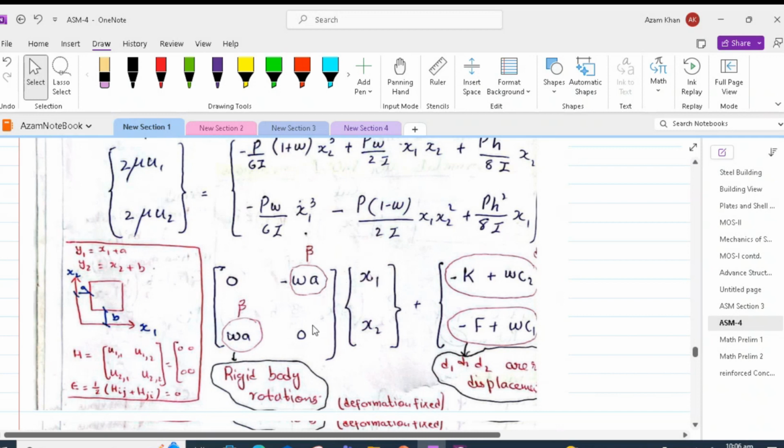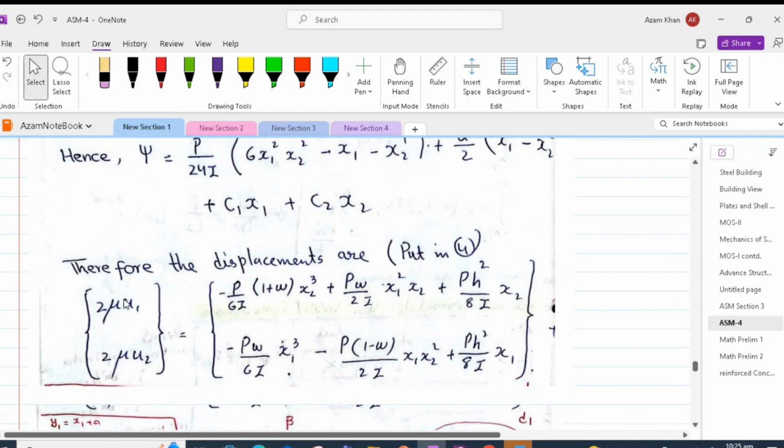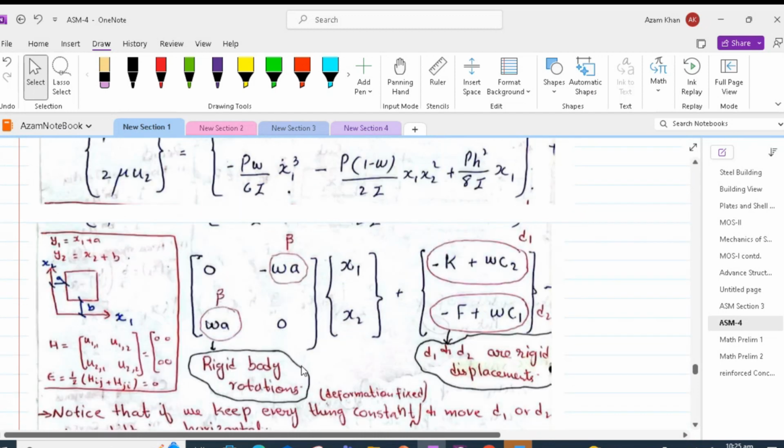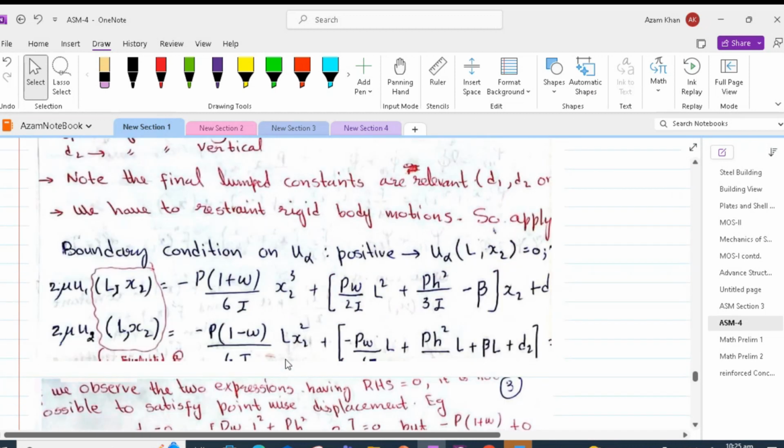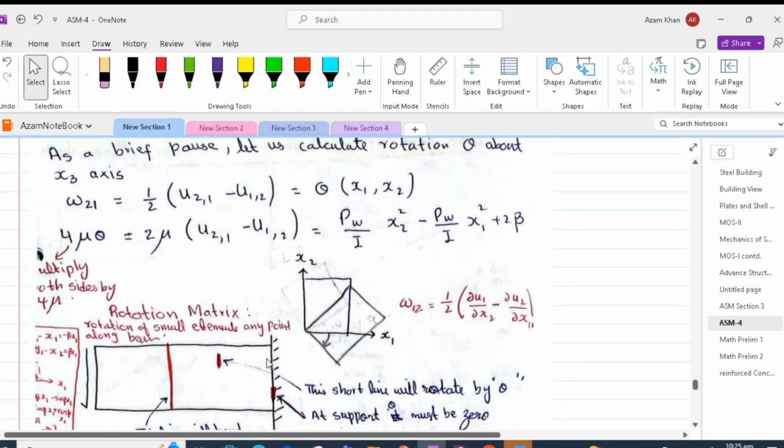So the way to see whether something has a rigid body rotation or not is that it is a skew symmetric matrix. After drawing the two displacement equations in this form, we have to check whether the displacement at the fixed end satisfies the boundary conditions.